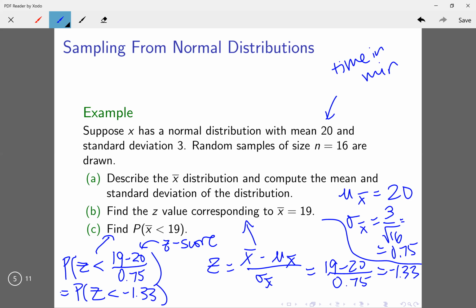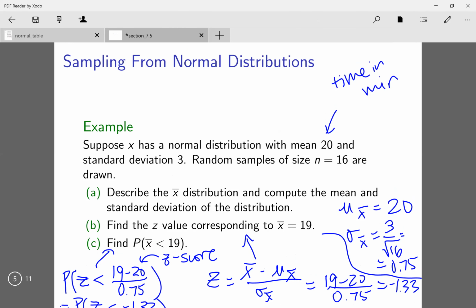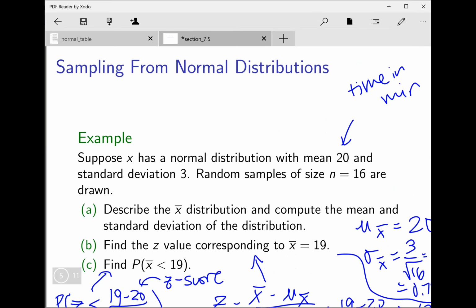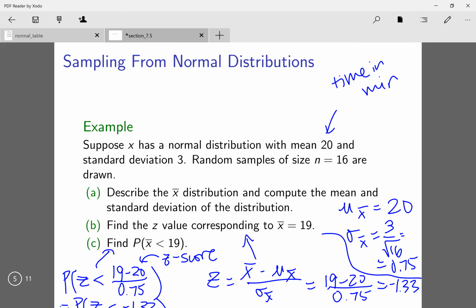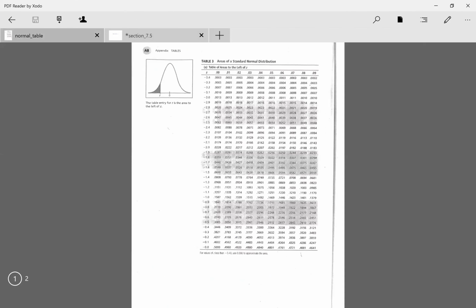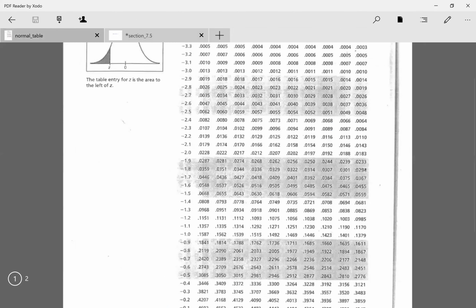So how do we find that? Well, I think you know the answer. We look it up in the normal distribution table. So let's look that up in our normal table to get the answer. And we look at negative 1.33.